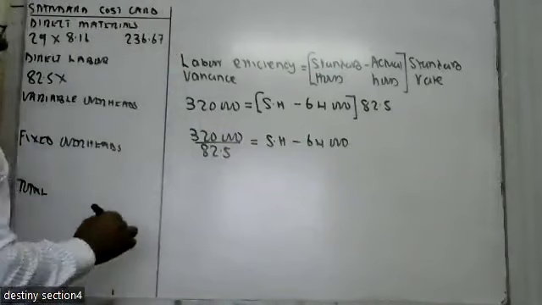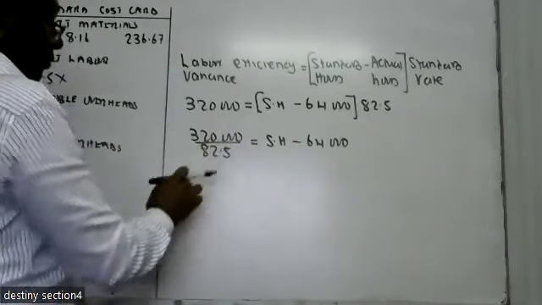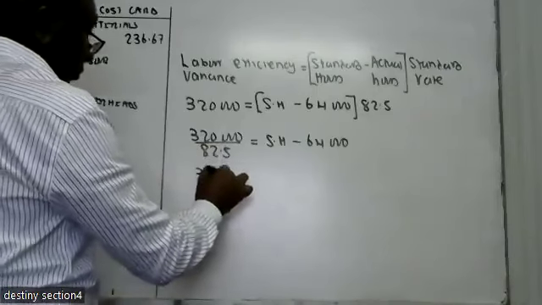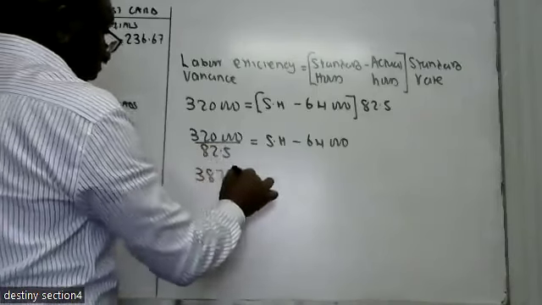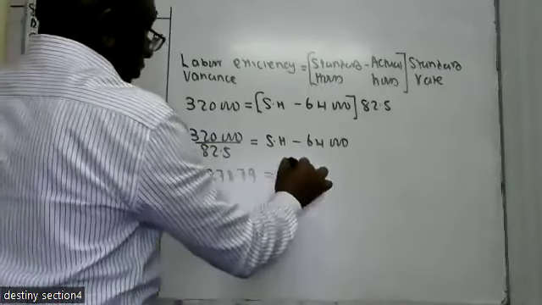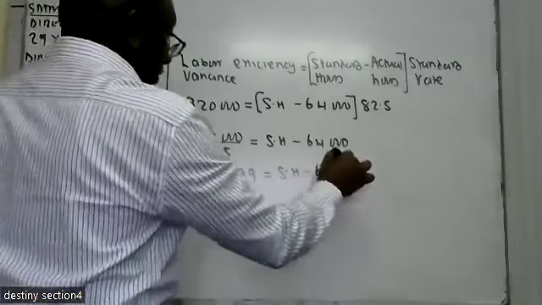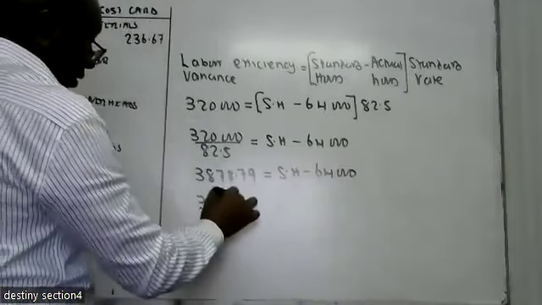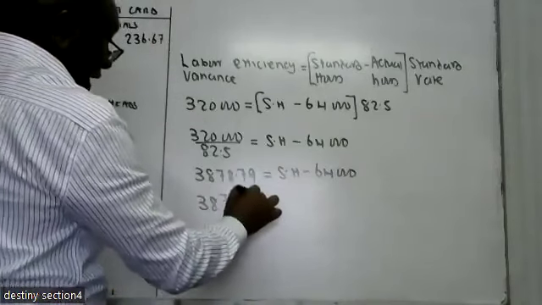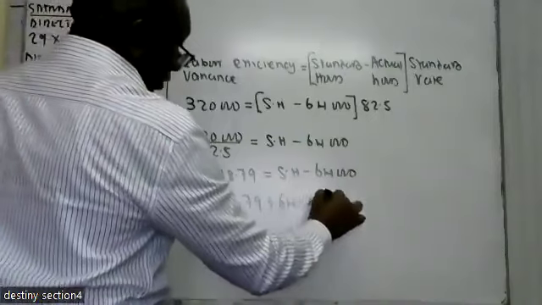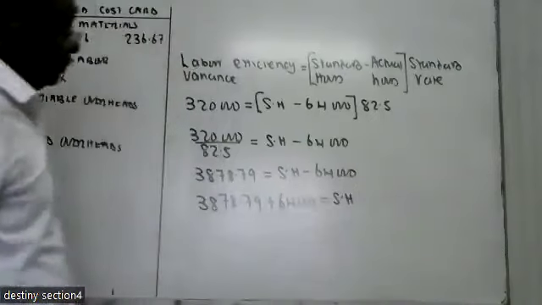How much does this come to? 3878.79 equals SH minus 64,000. So 3878.79 plus 64,000 is the standard hours.